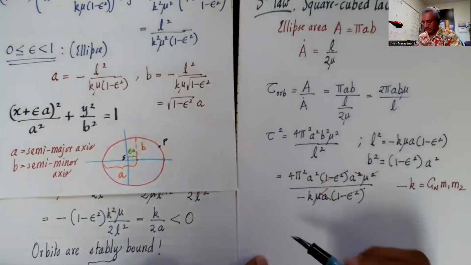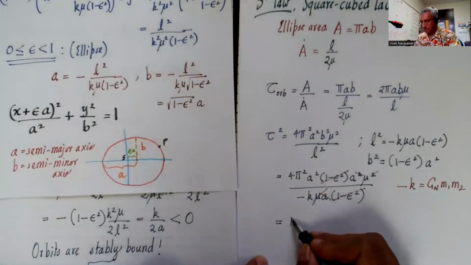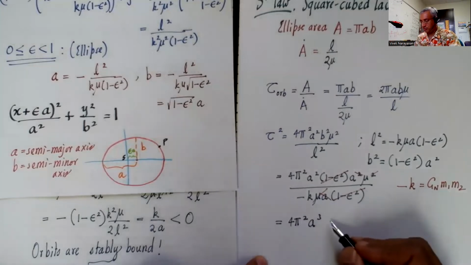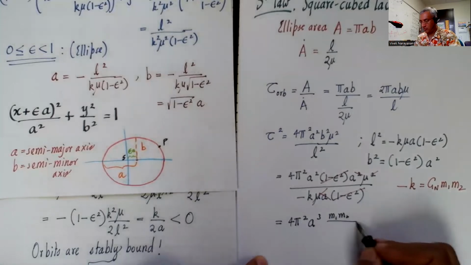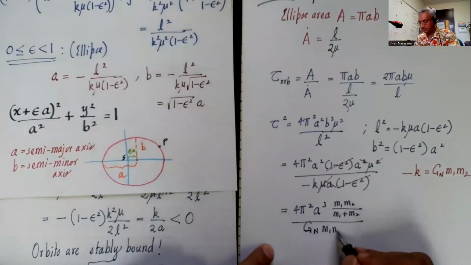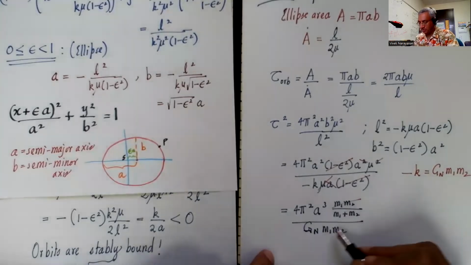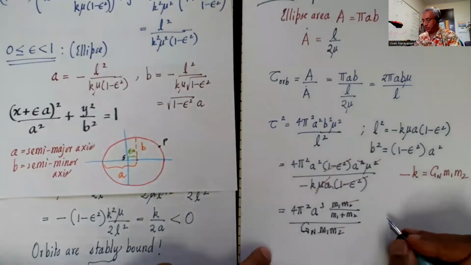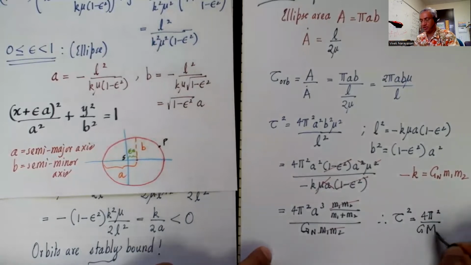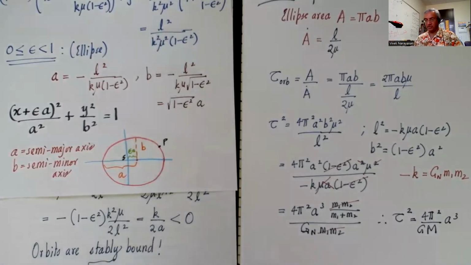So this is going to be 4 pi squared A cubed mu, which is M1 M2 over M1 plus M2, divided by negative K, which is G Newton M1 M2. The M1 M2s cancel out, and so I have the famous third law of Kepler. The period of the orbit squared is 4 pi squared over G times the capital M, the total mass, A cubed.